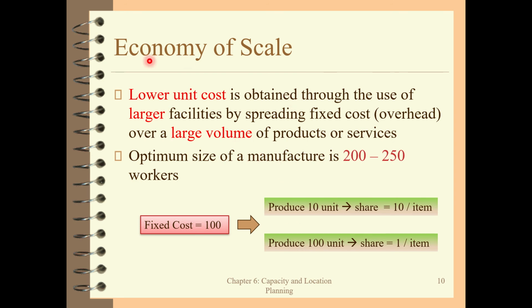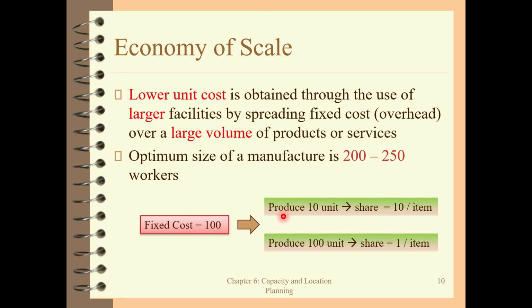Why is the unit cost lower when you increase the capacity in the economy of scale? It is because with a higher capacity facility, the fixed cost will be shared across a large volume of products or services. For instance, suppose you have a fixed cost of 100 baht, the overhead cost of this factory.